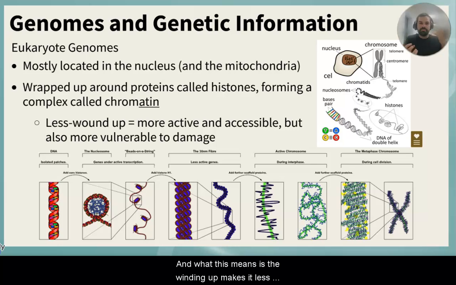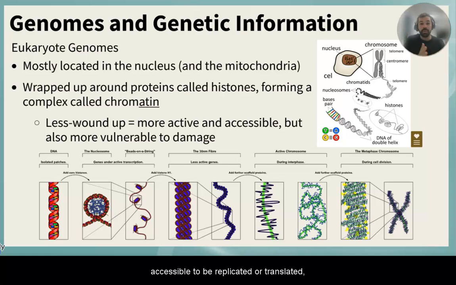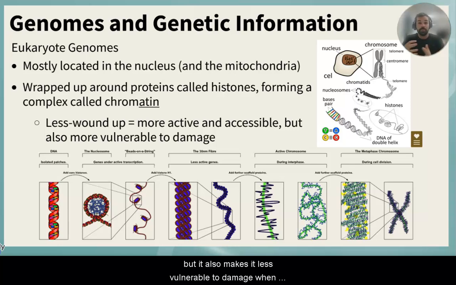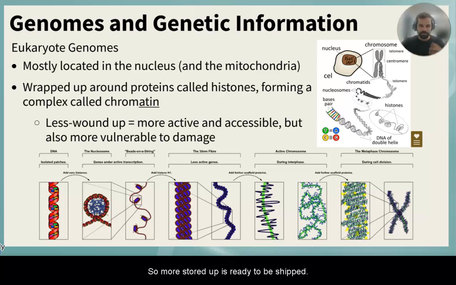What this means is the winding up makes it less accessible to be replicated or translated, but it also makes it less vulnerable to damage when these chromosomes need to get moved from one place to another, such as in the case of cellular replication or division. So more stored up is ready to be shipped.